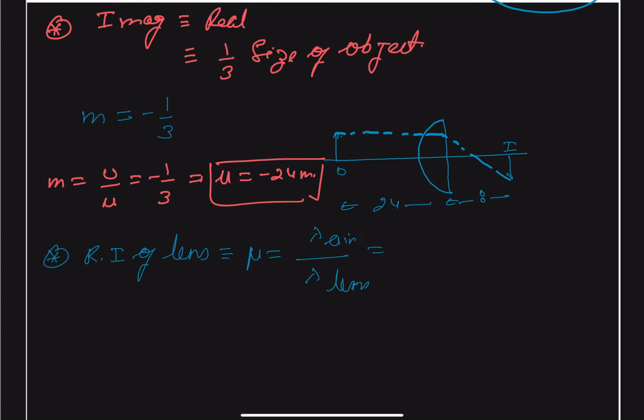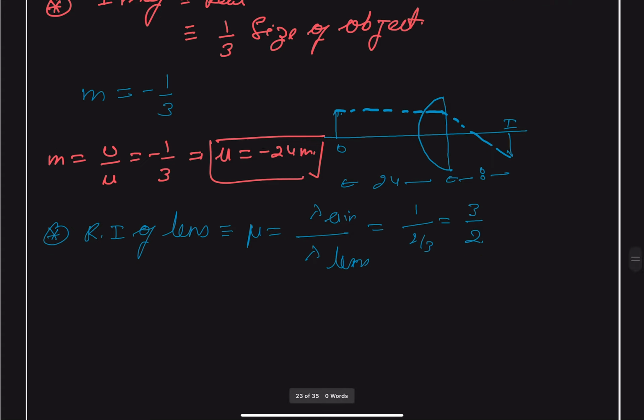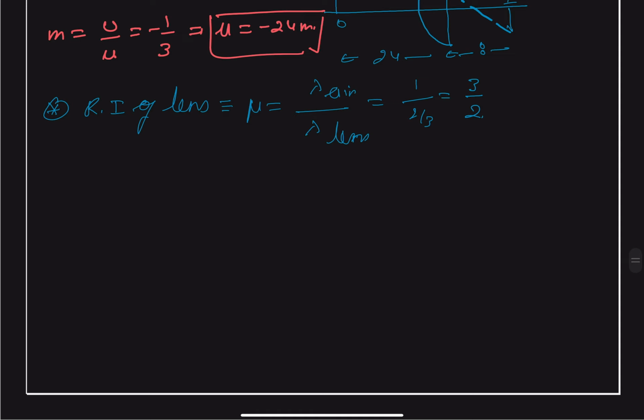So air is 1 and this is 2 by 3. So the refractive index is 3 by 2. Now we can use our lens formula, 1 upon f is equal to 1 upon v minus 1 upon u, and we need to find the focal length. So this comes as 1 upon 8 minus of minus 1 upon 24. This gives that the focal length is 6 meters.